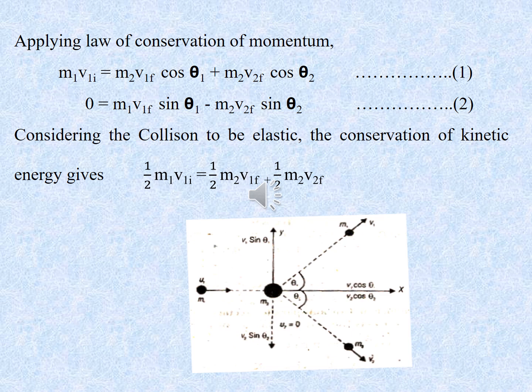That is equation 1. 0 is equal to m1 v1f sin theta 1 minus m2 v2f sin theta 2. That is equation 2. Considering the collision to be elastic, the conservation of kinetic energy gives half m1 v1i square is equal to half m1 v1f square plus half m2 v2f square. All these are shown in the below figure.